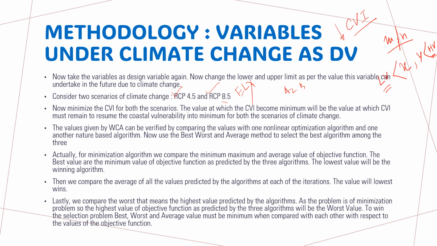So we are not changing M and N, but we change the lower value and higher value according to the scenarios RCP 4.5 and RCP 8.5. Note down: first take RCP 4.5, change LV, HV for that, get the result, then change LV and HV as per RCP 8.5, iterate, find the optimal value of CVI and then note them down.